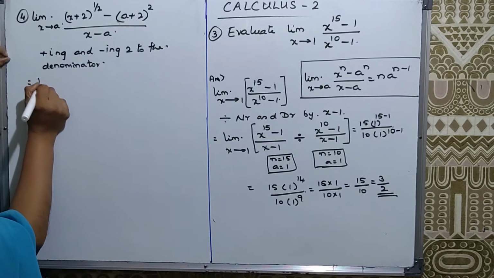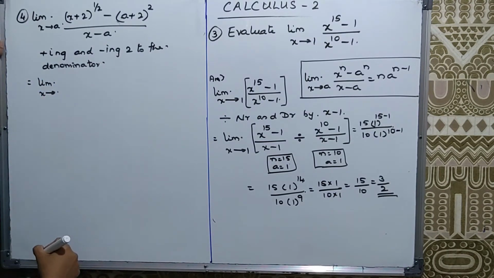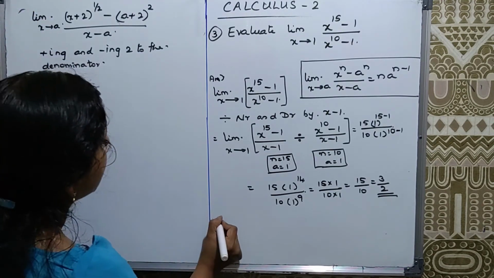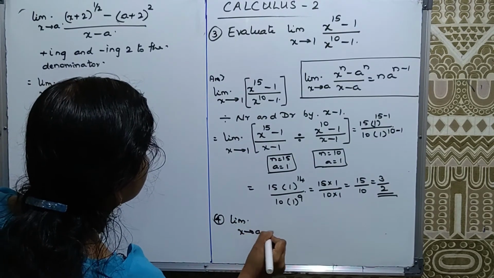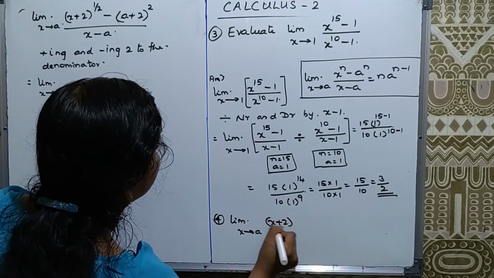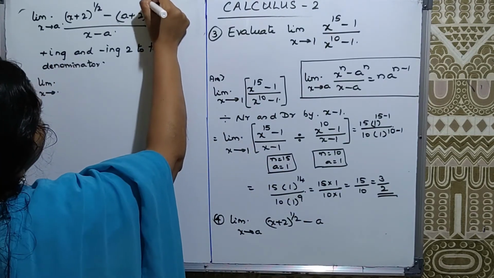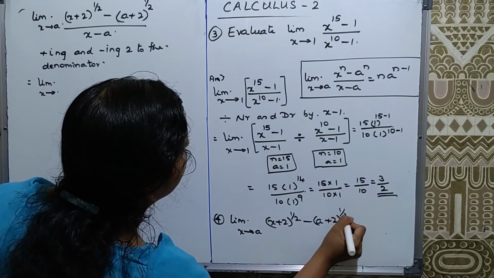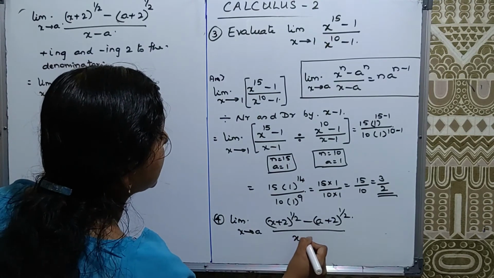So the answer will be equal to limit x tends to a. I'll write the question here once more: x plus 2 raised to half minus a plus 2 raised to half divided by x minus a.